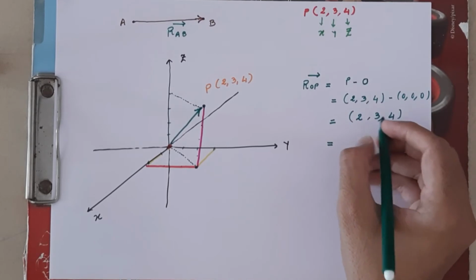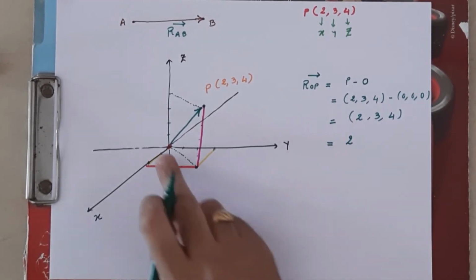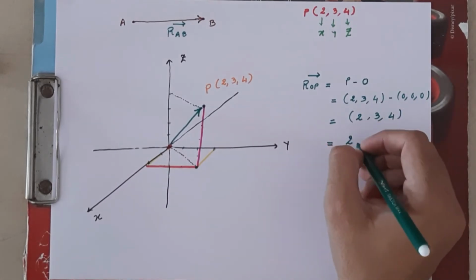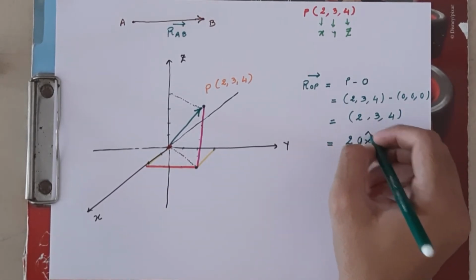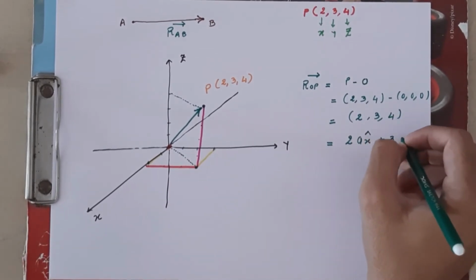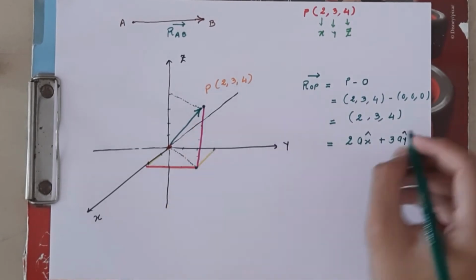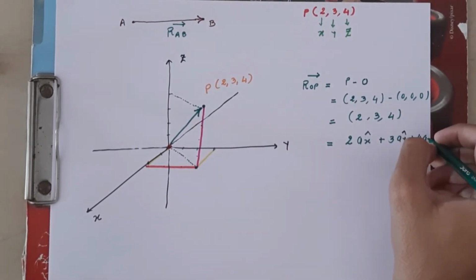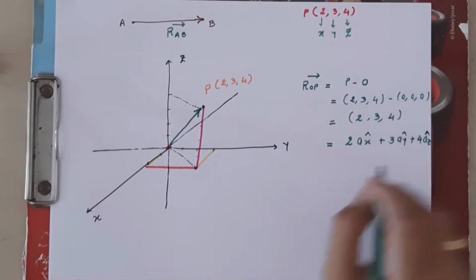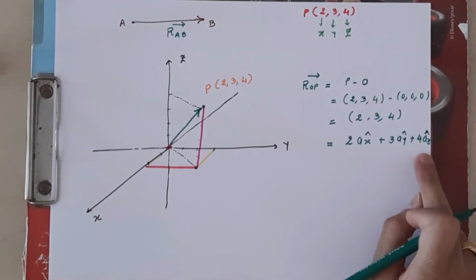So to write it in terms of a vector, I would write 2 in the x direction, 2ax, plus 3 in the y direction, 3ay, plus 4 in the z direction, 4az. So this is the ROP vector, P minus O, and this is the value of the ROP vector.